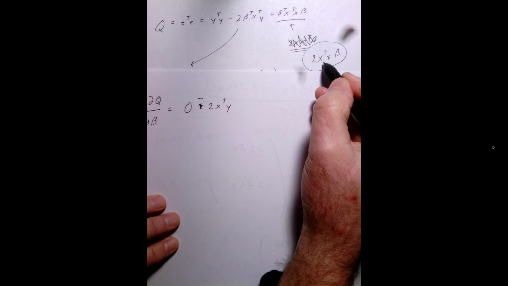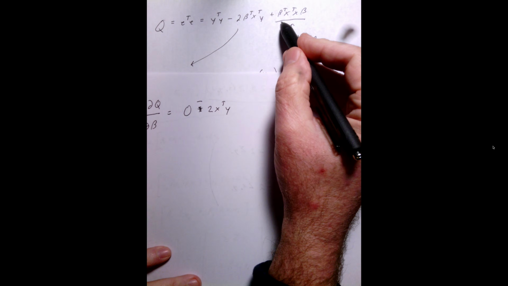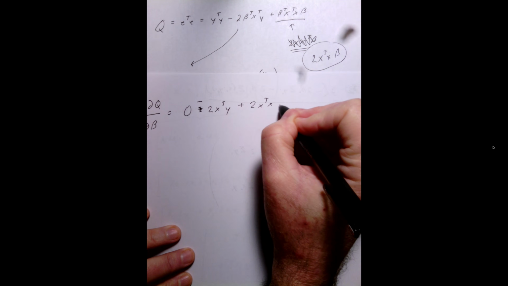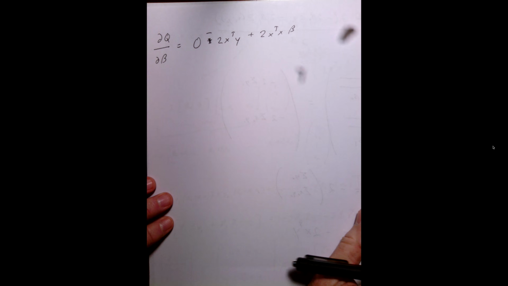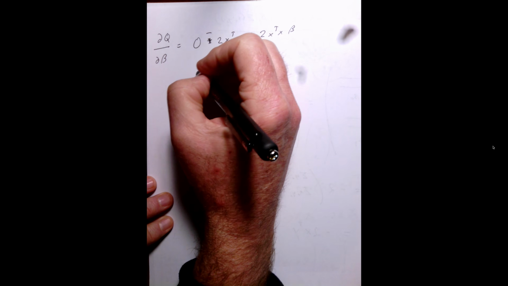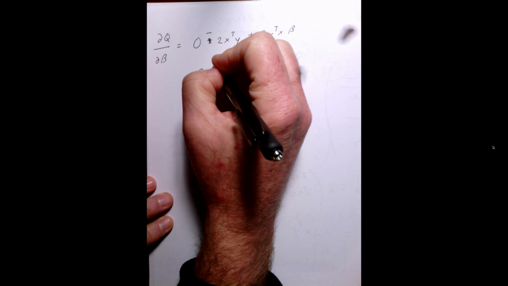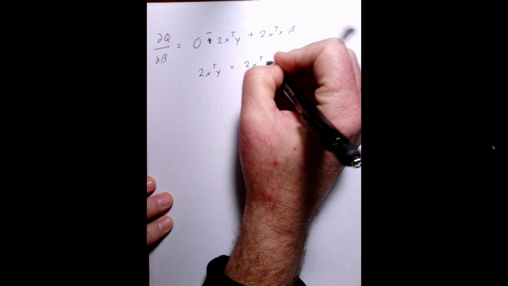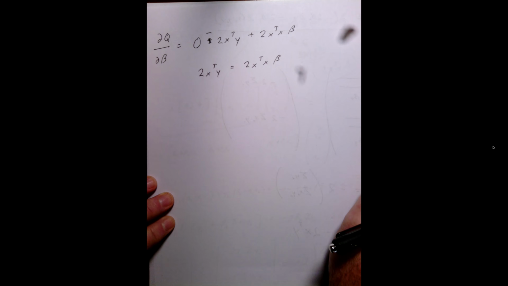And we saw in an earlier video that the partial of this term is just equal to 2 X transpose X beta. Now you should know by now that the next step is to set the partial equal to 0. With a little bit of arithmetic, we can see that we have this.